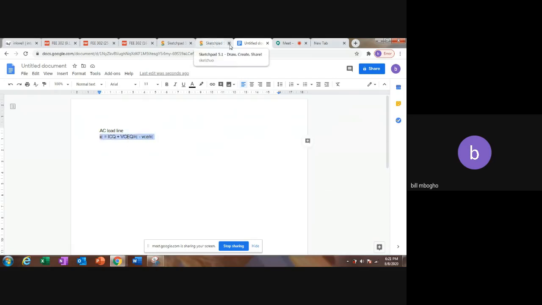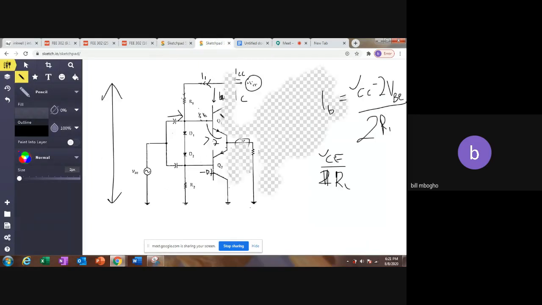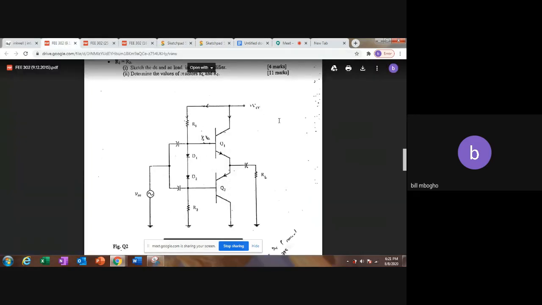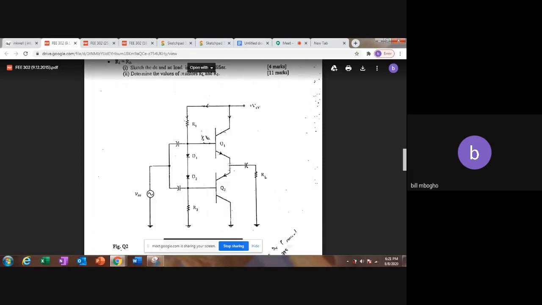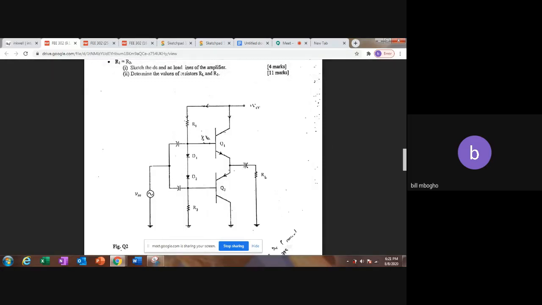But then, if you look at our diagram, this VCC is being dropped between these two transistors in the DC load line, in the DC parameters, because the capacitor becomes an open circuit.